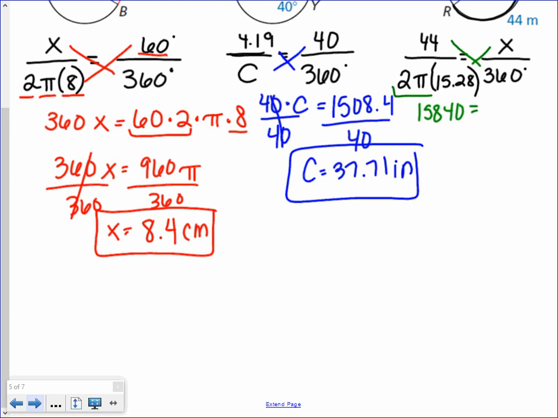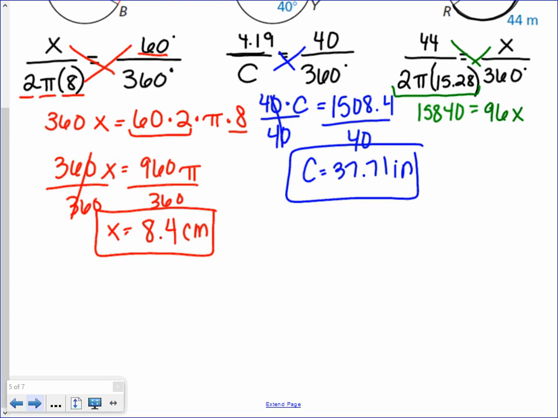I'm going to type in that circumference, so everyone should join me. 2 times pi times 15.28. Everyone should practice that in their calculators. That gives 96.0070749. So 96 is fine, I'd be okay with that.